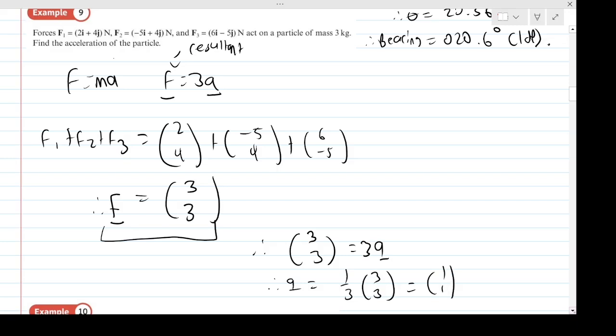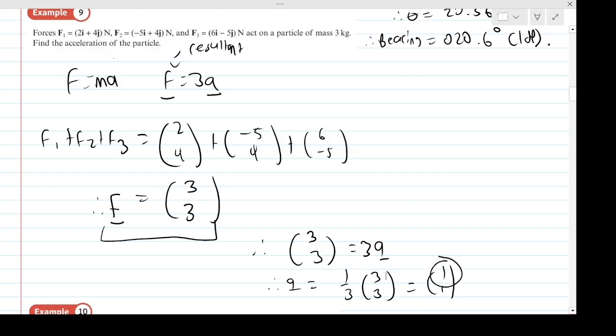Okay. And by the way, the acceleration, you might not be used to it as a vector. Remember acceleration in general tells me how much I'm speeding up or slowing down by. As a vector, it's telling me how much I'm speeding up or slowing down by vertically and horizontally, okay?